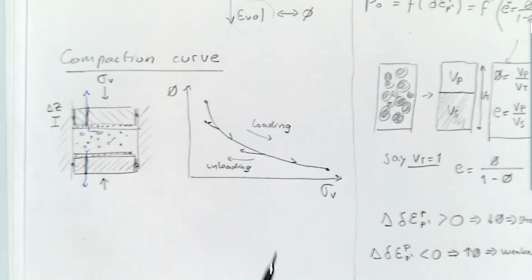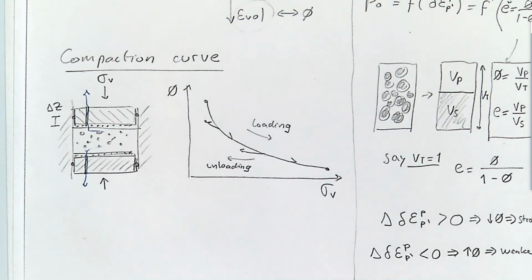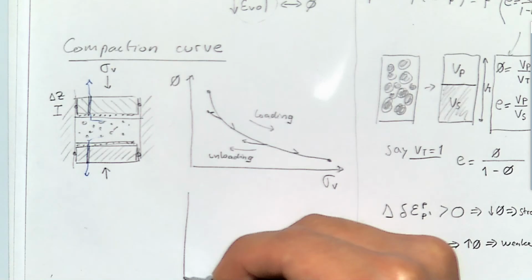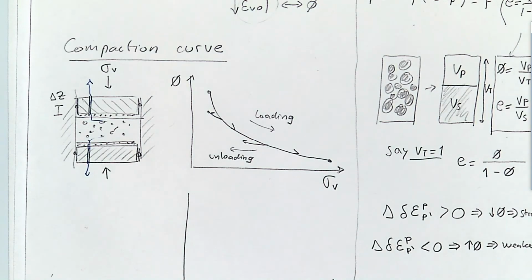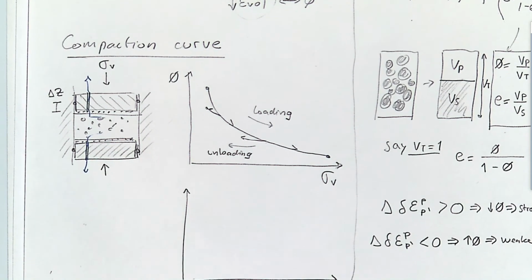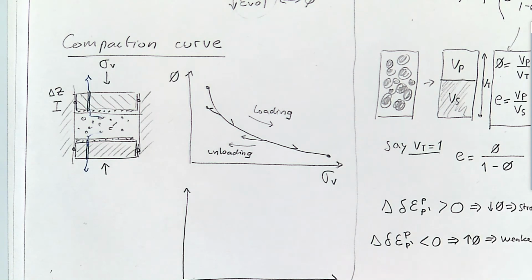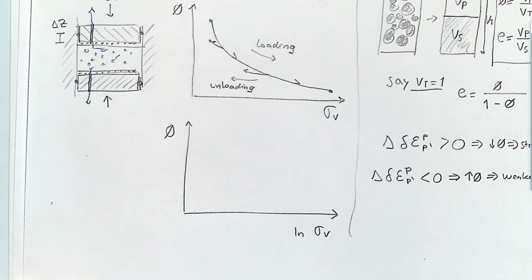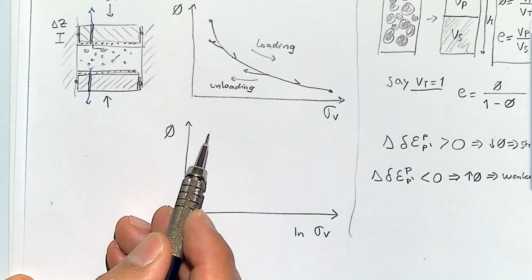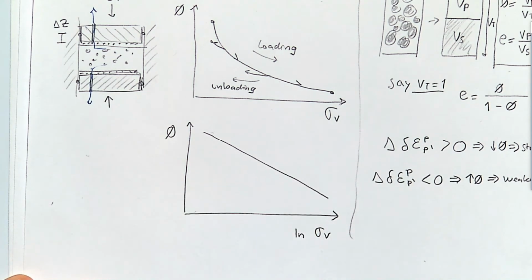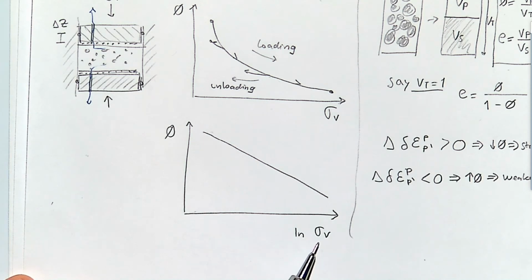Let me put this in an easier plot. Instead of plotting sigma v here, I'm going to plot the natural logarithm of sigma v, where this is porosity. When you do that, most porosity data will tend to fall on a single compaction line, and it's going to be a straight line when you consider the natural logarithm.